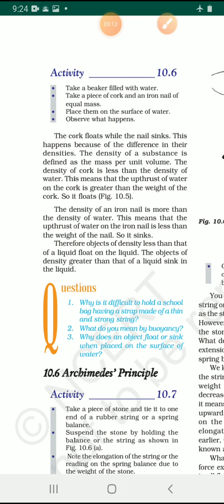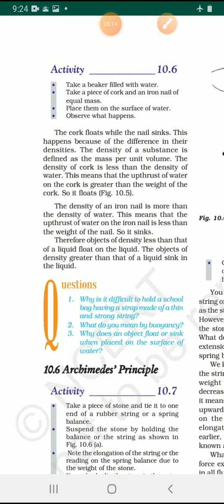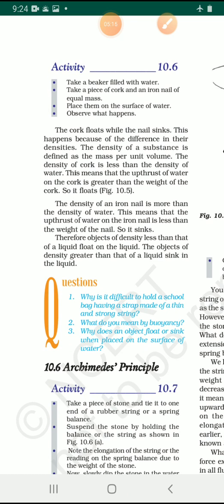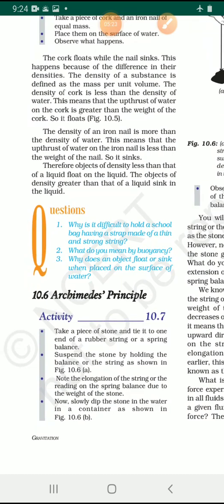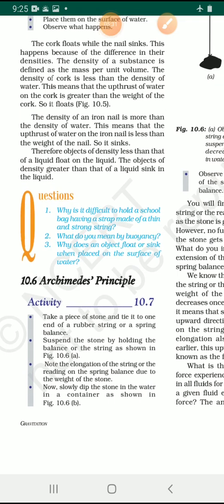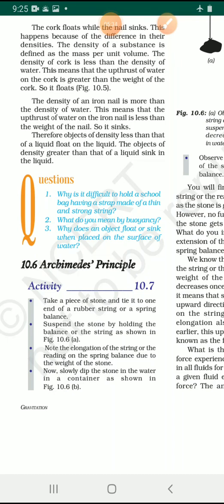If the density is less than that of water, then it floats. If the density is more than that of water, then it sinks, right? Therefore, objects of density less than that of the liquid float on the liquid, and objects of density greater than that of the liquid sink in the liquid. Okay, so that's the reason.